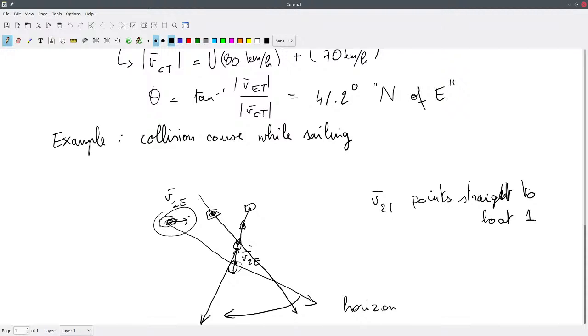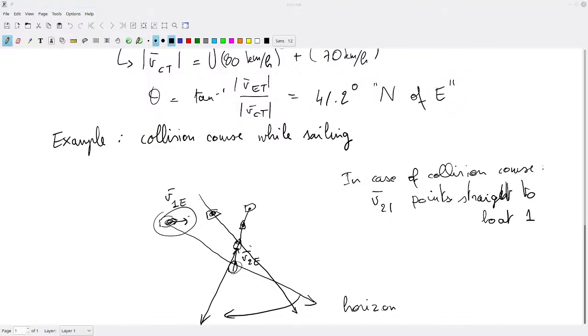And that's of course the case when there's going to be a collision. So in case of a collision course, the fact that this vector doesn't change direction means that it's going directly towards boat 1 in that relative reference frame, and that of course is the thing you want to try to avoid when you're out on the water.